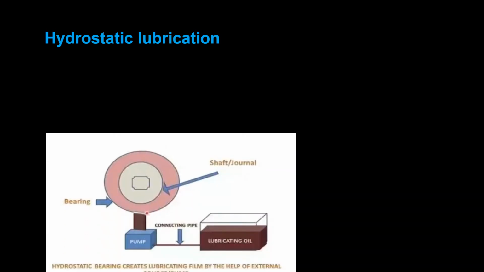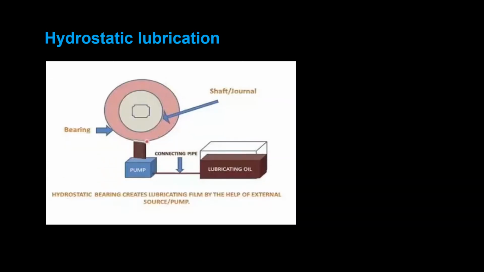Hydrostatic lubrication. Hydrostatic lubrication is obtained by introducing the lubricant, which is sometimes air or water, into the load bearing area at a pressure high enough to separate the surfaces with a relatively thick film of lubricant.